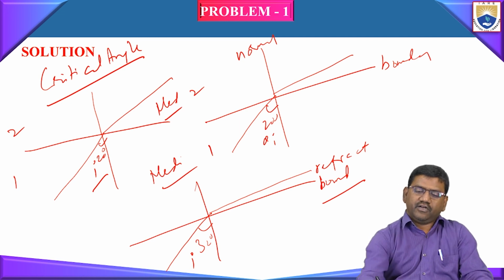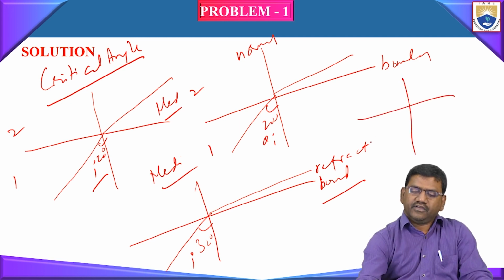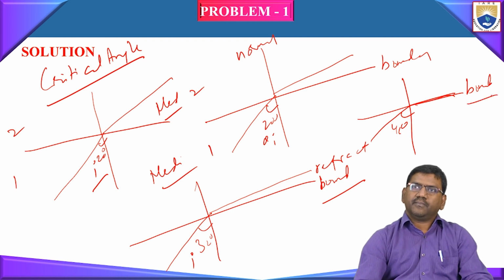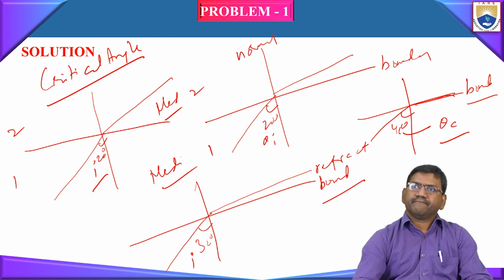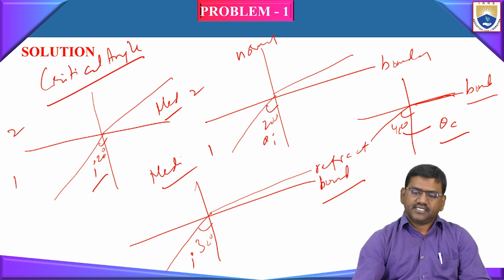At one point, when you increase the angle to 40 degrees, the ray becomes parallel to the boundary. This 40 degrees is known as the critical angle, denoted by the symbol theta c.